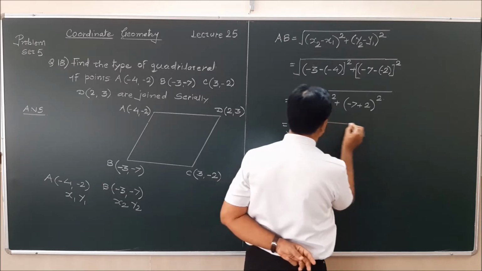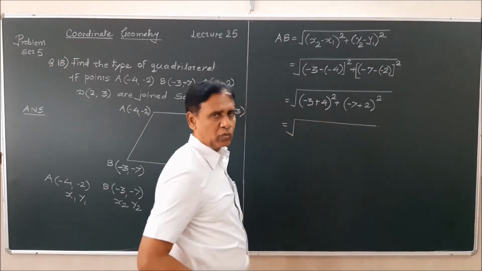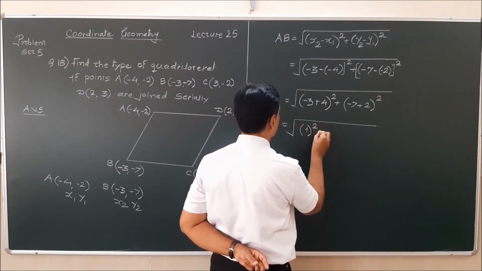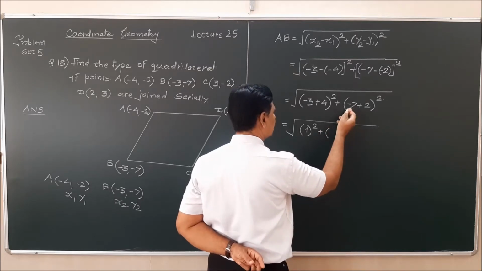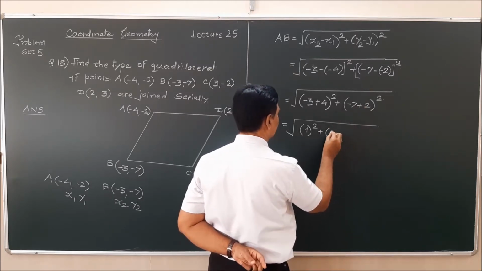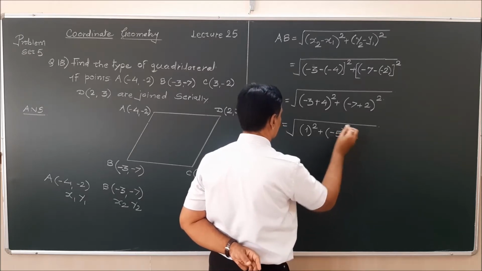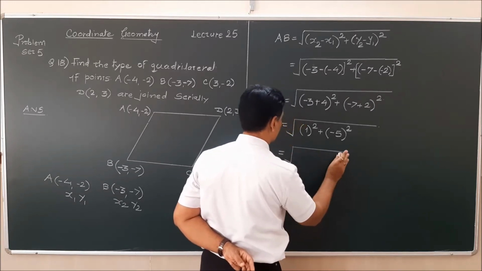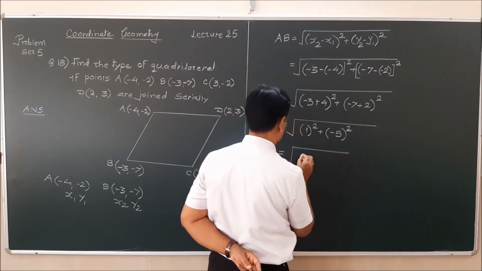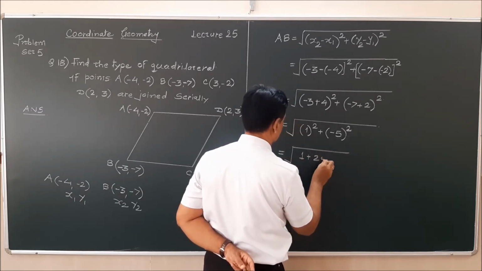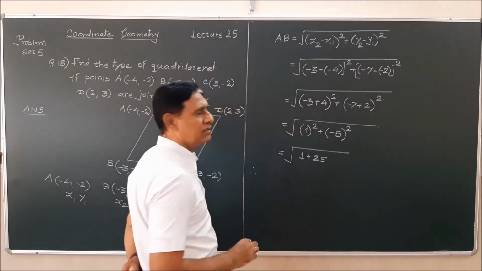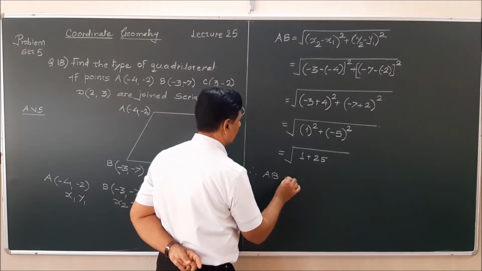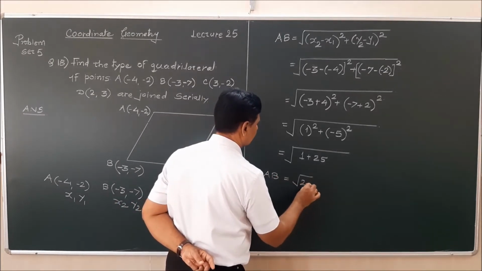That gives us minus 3 plus 4, 4 minus 3 is 1, square, plus minus 7 plus 2 is minus 5 whole square. That is equal to root of 1 plus 25. Therefore, this is how we get the length AB is equal to root 26.